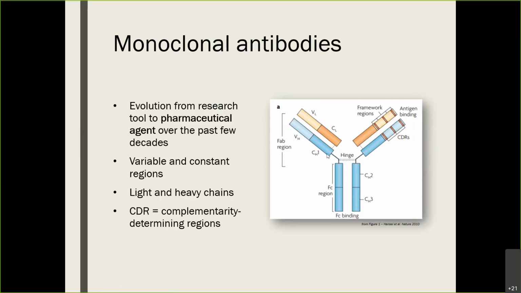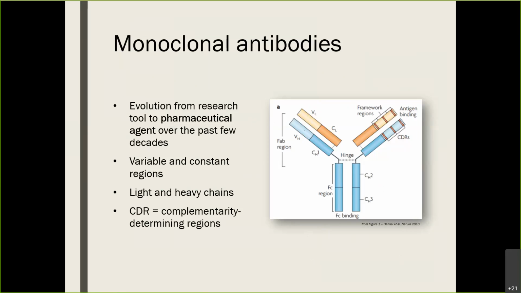So you have these kind of constant anchors, and you have the variable regions that can be modified to target various antigens. You have the light and the heavy chains as well as part of these structures. And again, we have these determining regions that can be used to target various antigens for therapeutic reasons.